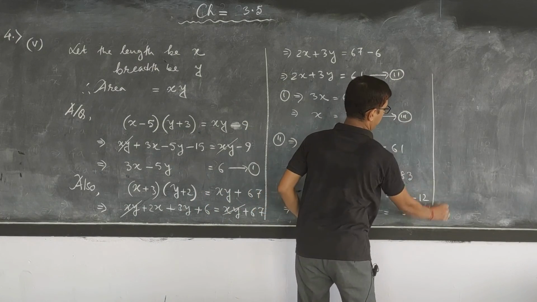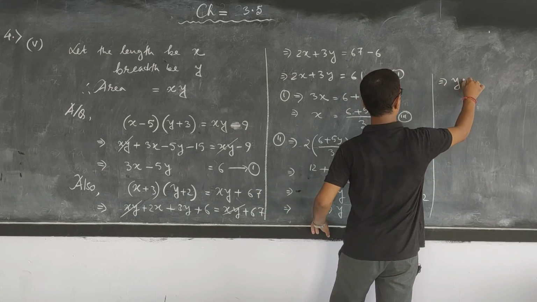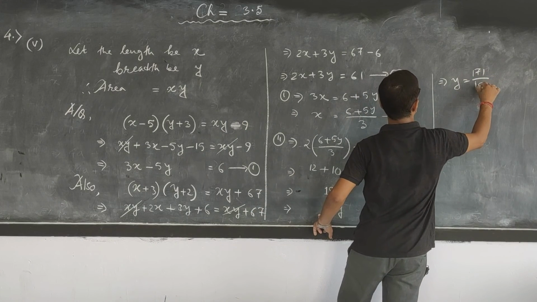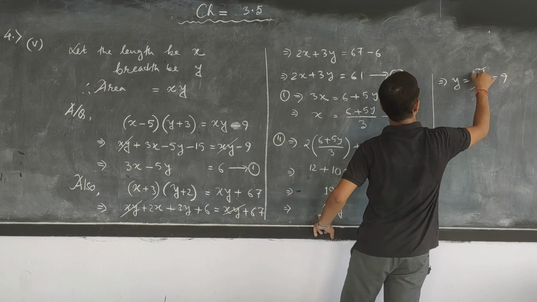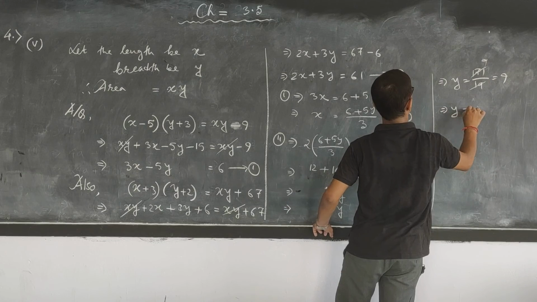So y will be 171 by 19, that is 9. Y is equal to 9.